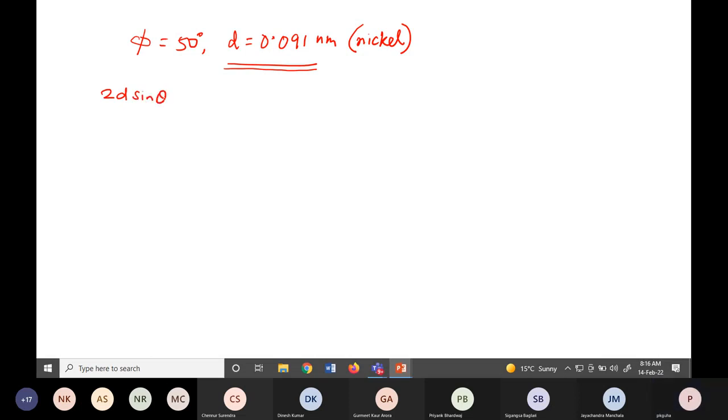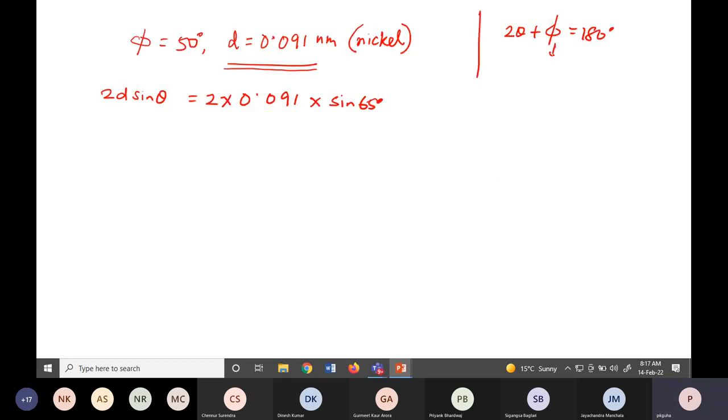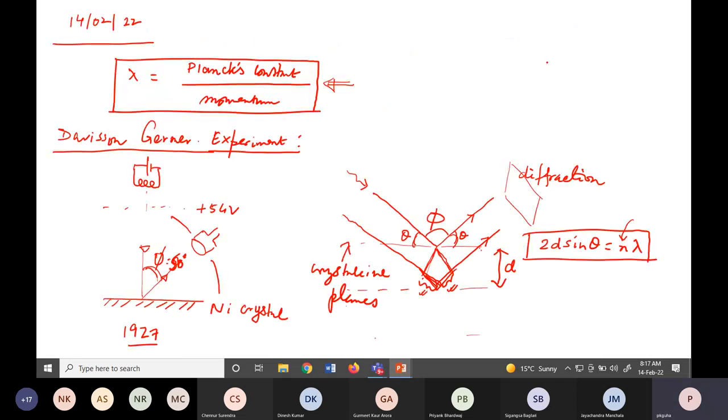If you find out 2d sine theta, which is 2 into 0.091 into sine theta, theta is 65 degree, because 2 theta plus phi is 180. So this is theta, and this is phi. 2 theta plus phi is equal to 180 degree, and phi we know is 50 degree, because the angle at which they got maxima is 50 degree, Davisson and Germer.